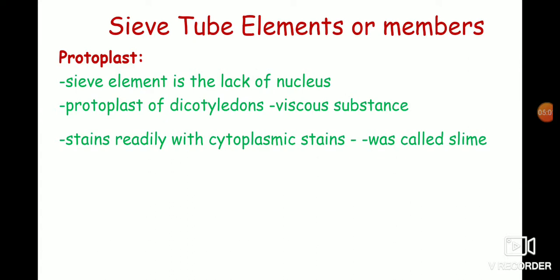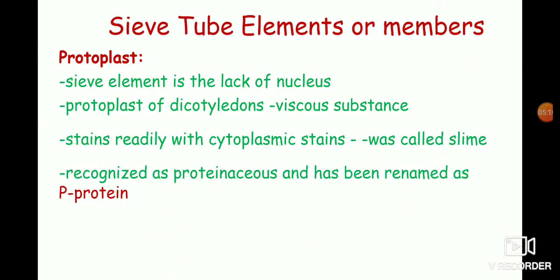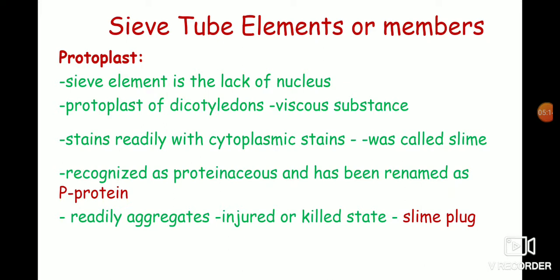This substance, which was called slime, is now recognized as proteinaceous and has been renamed as P-protein. In mature stage, the slime is disposed into vacuolar sap.